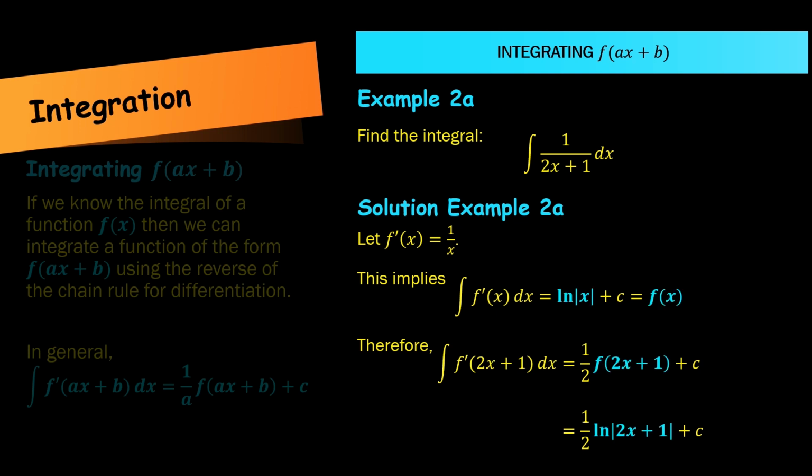And so plugging in the appropriate values, as shown, gives us that this integral is equal to a half ln mod 2x plus 1 plus the constant of integration c.